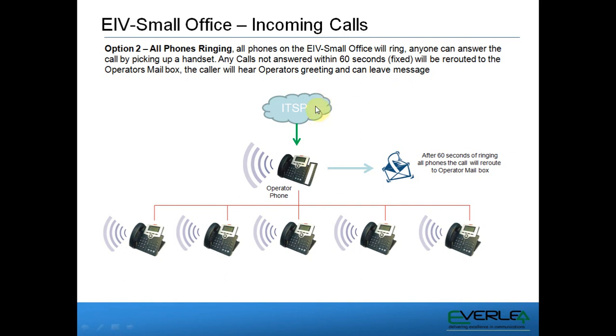So on incoming calls, every single phone will ring, and basically anyone can pick it up and answer it. Calls that are not answered within 60 seconds, and this is a fixed timer, can be rerouted to the operator's mailbox, and they will hear the operator's mailbox message, and they can leave a message.